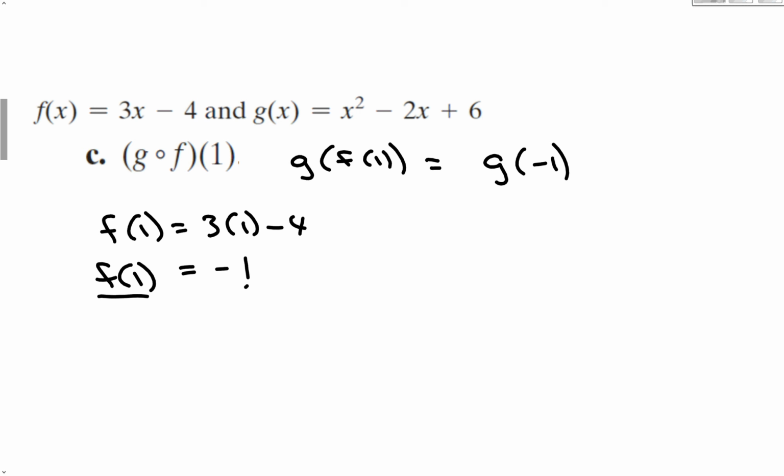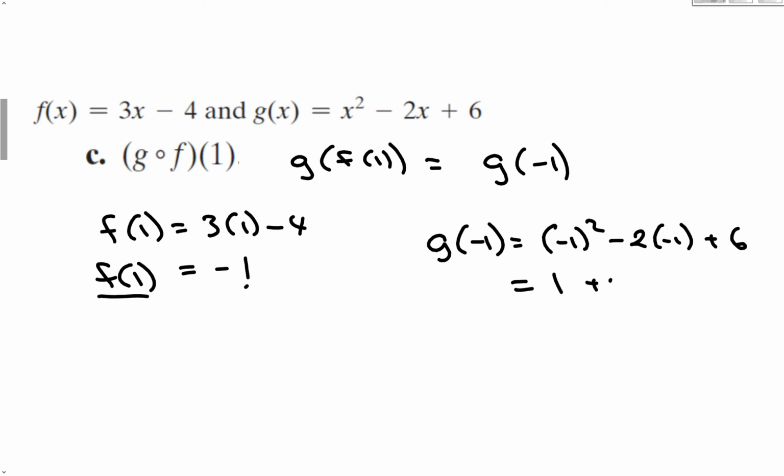Because f of 1 is the same thing as negative 1. So I can plug negative 1 now into the g function. So g of negative 1 is going to be negative 1 squared minus 2 times negative 1 plus 6, which gives me 1 plus 3 plus 6.